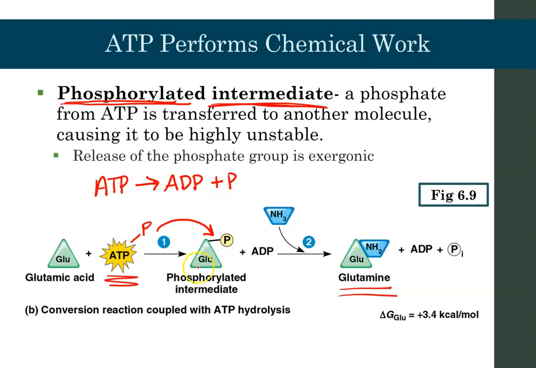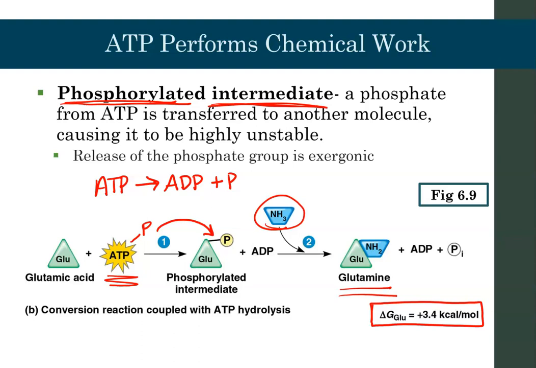So when this phosphorylated glutamic acid is in the presence of this amino group, this unstable glutamic acid is going to want to react. And so very quickly, it will react to form glutamine. Now in this reaction, delta G is positive, we put in some energy. That energy was this ATP back at the beginning.